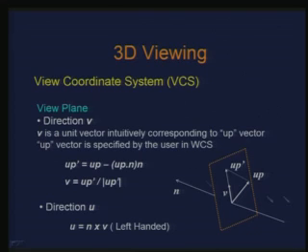Let us say this is the up vector defined. Then I can define the v vector by taking the projection of this up vector, which is in the direction of the n vector, and then I am interested in getting this vector.